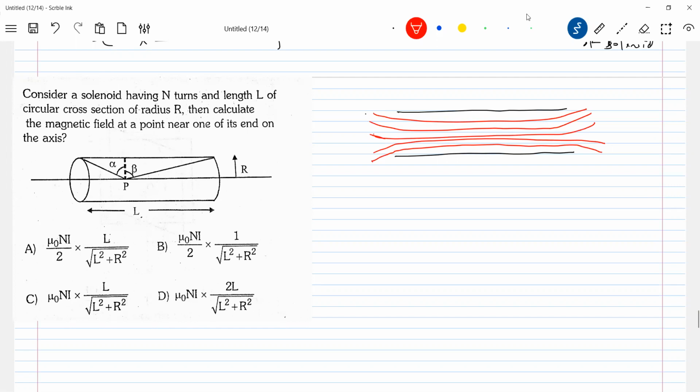So in this region, what happened? The field will be constant. So these are the lines of force, and we take current into the plane.